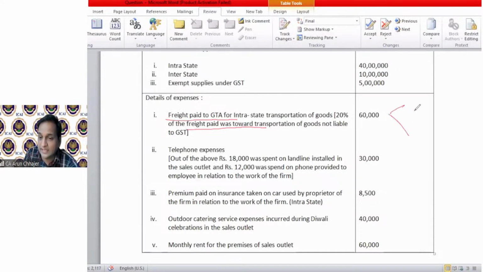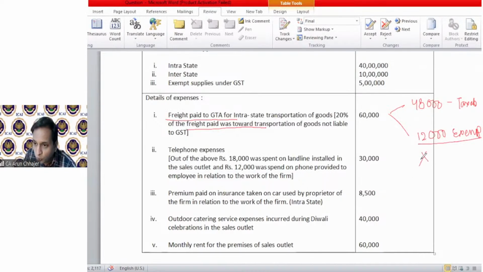It means I can say the 48,000 regarding taxable supplies and 12,000 would be for exempt supply. Can I take the ITC of 12,000?